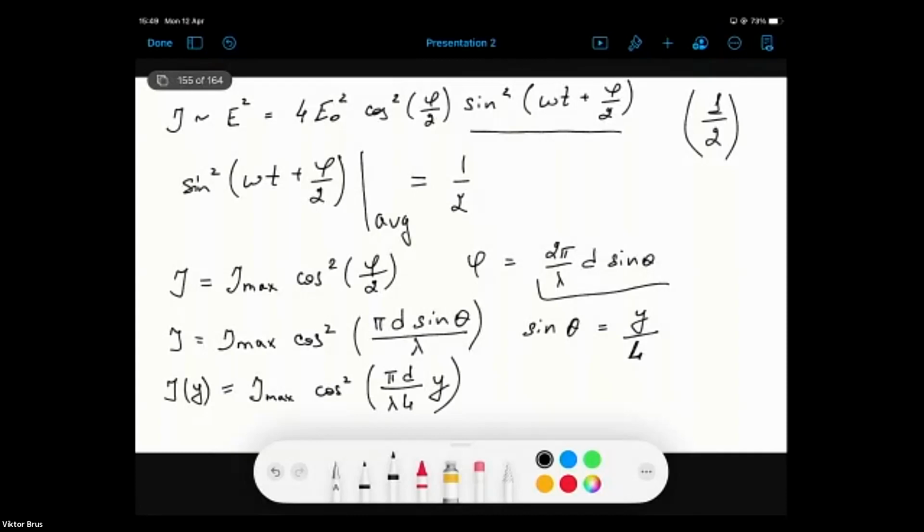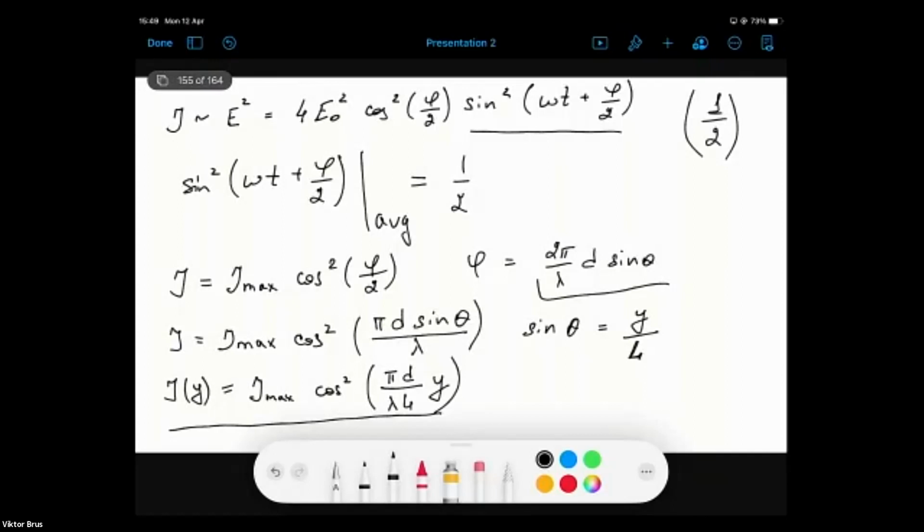So this is the equation which defines the distribution of light intensity in the linear coordinates along the screen when we have two-slit interference.